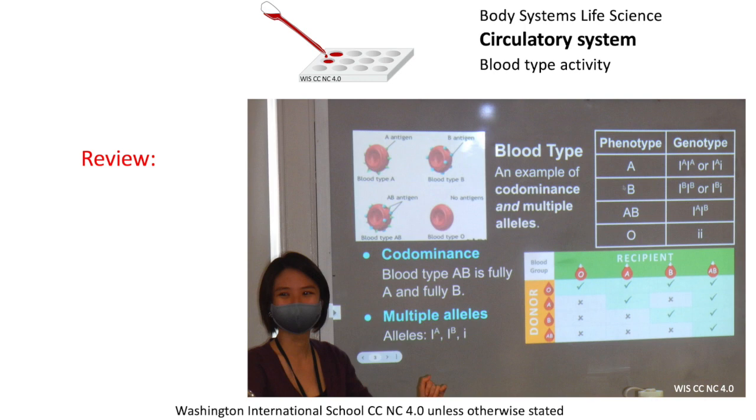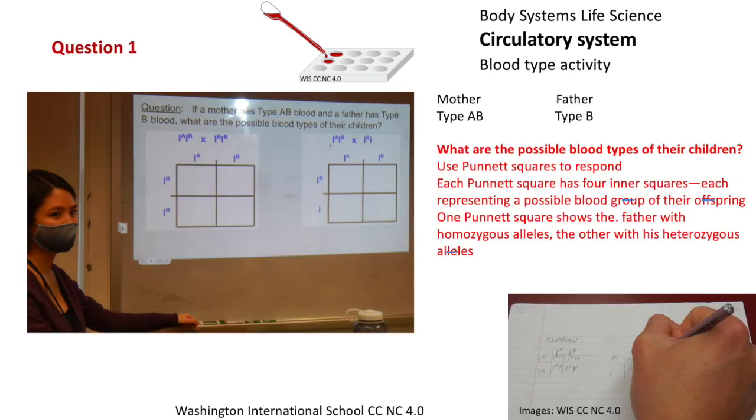And a little review here, looking at codominance, multiple alleles, and the phenotype and the genotype as well. And a question: what are the possible blood types of the children if mother is type AB, father is type B?